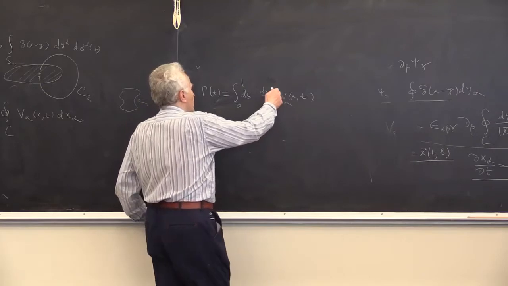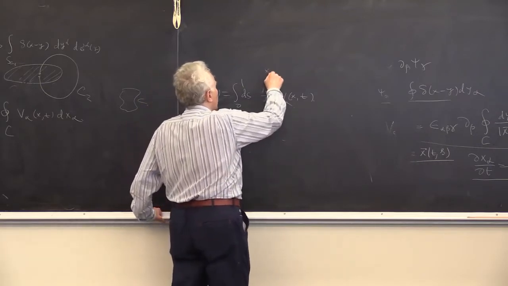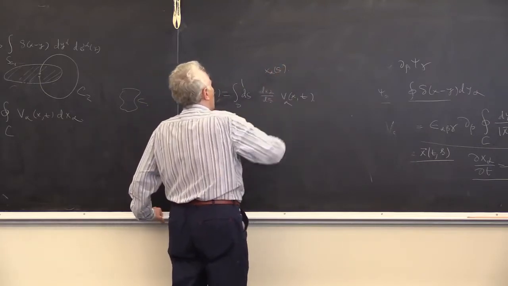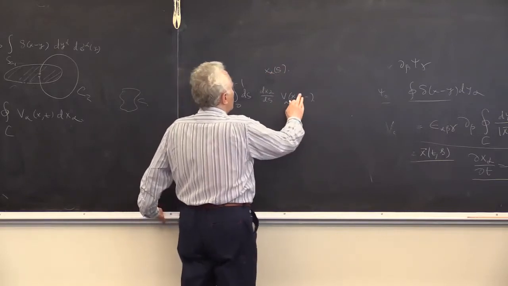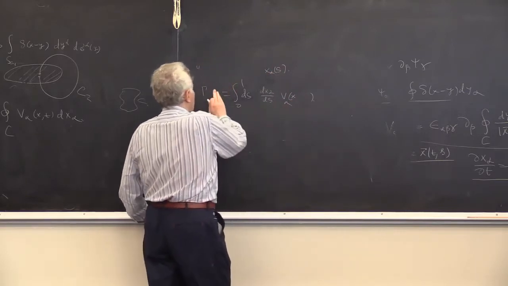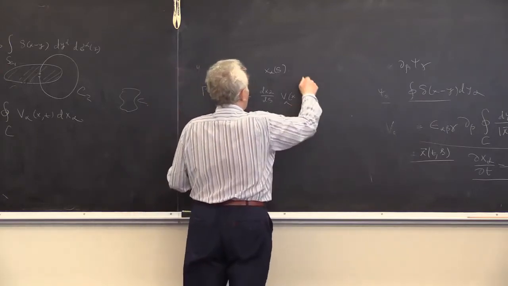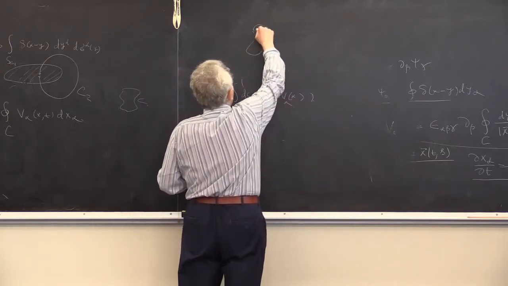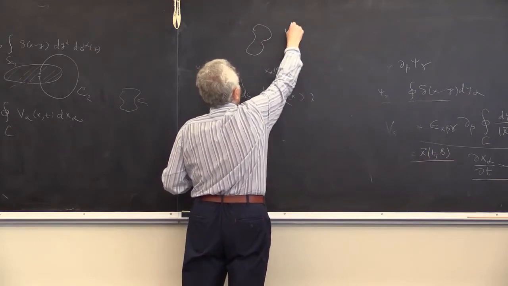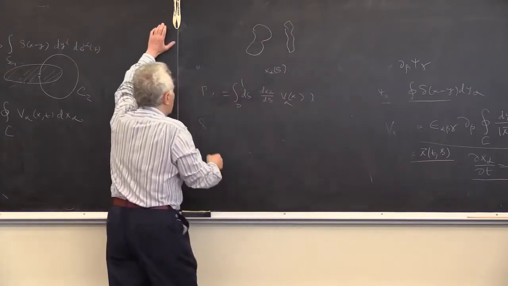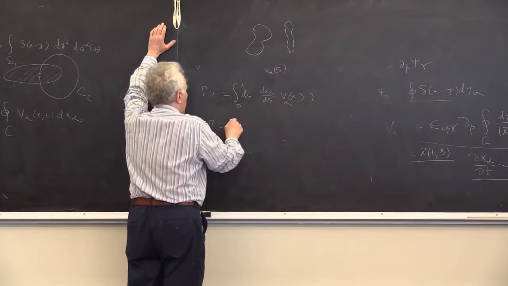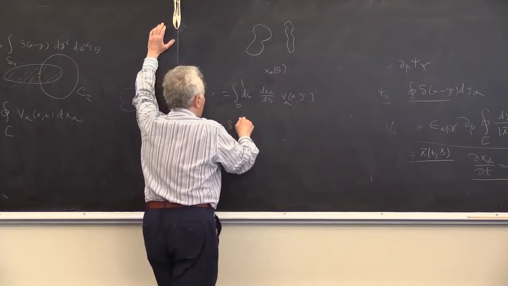So suppose you vary a little bit x alpha of s. Let's forget about time at the moment. Let's just vary this integral. You change the contour, and so we have to calculate the variation of this integral.